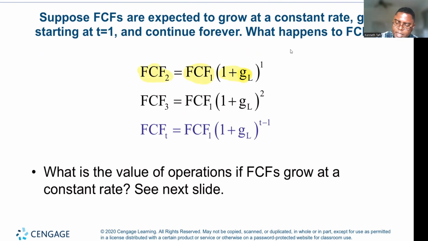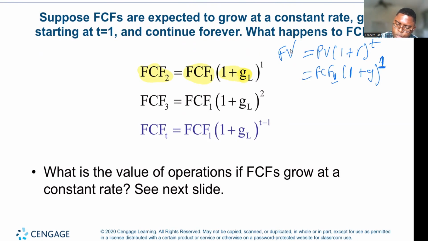So this makes sense. Again, it is the knowledge of time value of money, where we have present value growing by 1 plus r raised to the power t to give us future value. So if this present value is free cash flow year 1, it is going to grow by 1 plus g within a 1-year period to the future value, which is going to be the free cash flow for year 2.